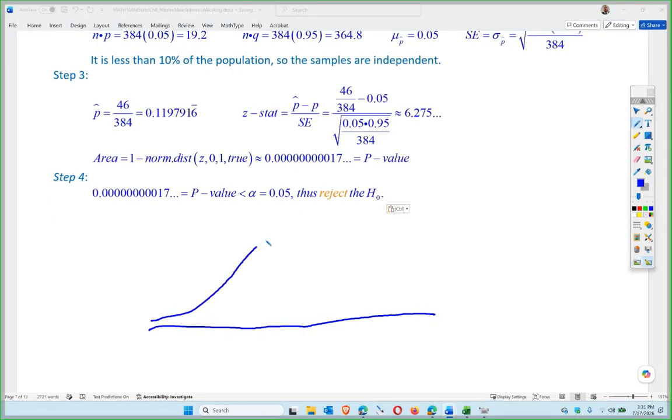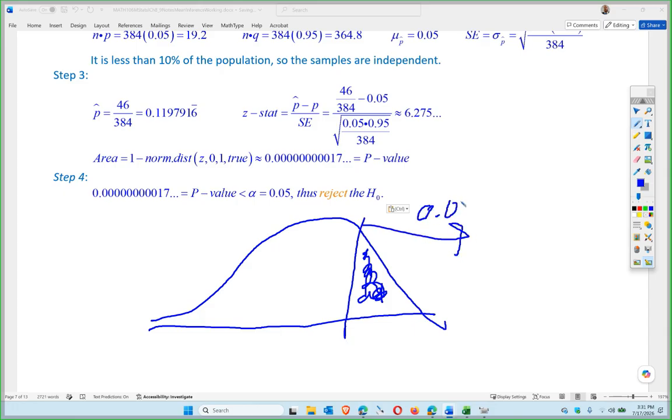Okay, so we have a shaded area. The shaded area is 0.05, which is my alpha for the hypothesis test, and my area over here is much, much smaller.